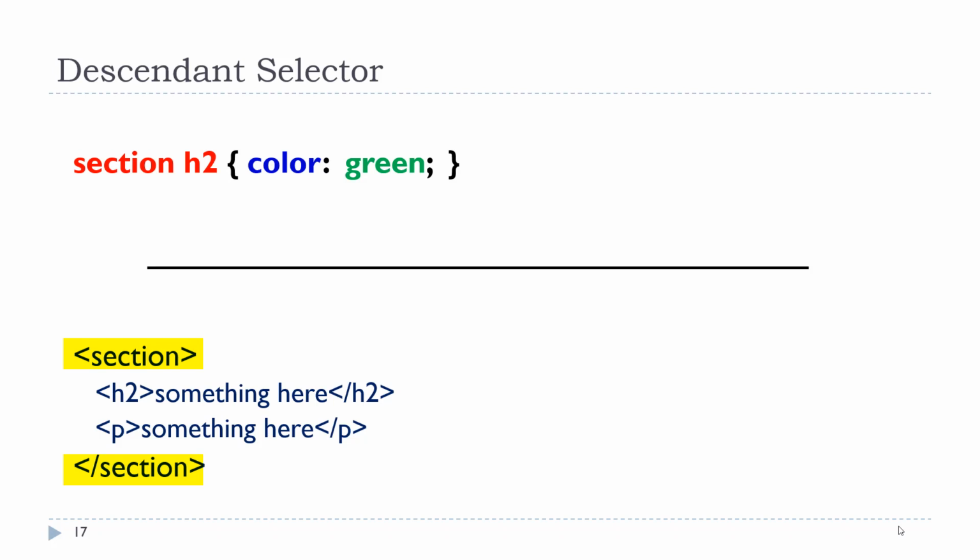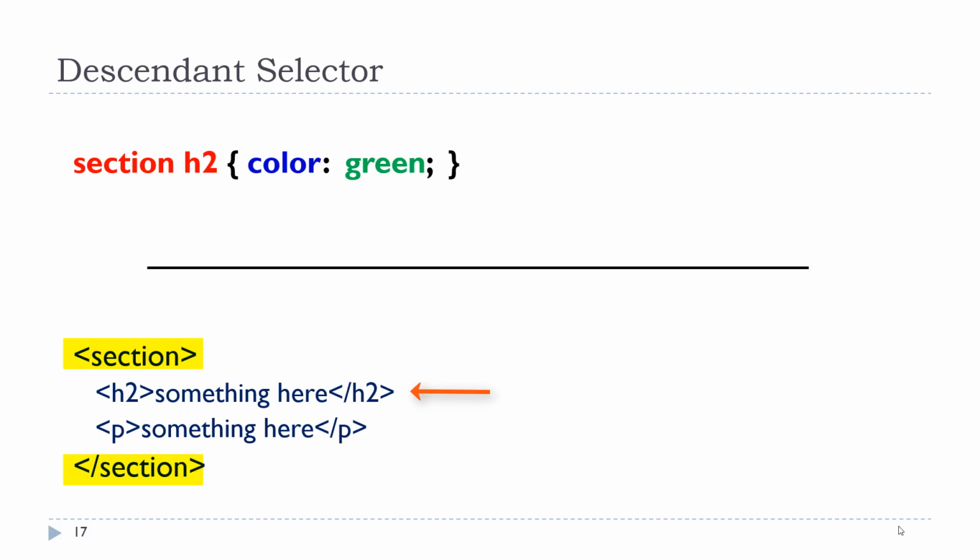Now, section is inside the body, so obviously at some point body is a parent of section, or section could be somewhere else with a different parent. It really doesn't matter because what we're doing is looking at this specific area. Because H2 and P are essentially on the same level inside the section element, not only are they children, but they are also siblings.